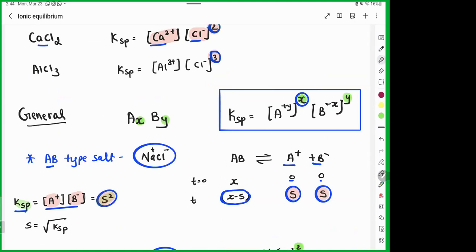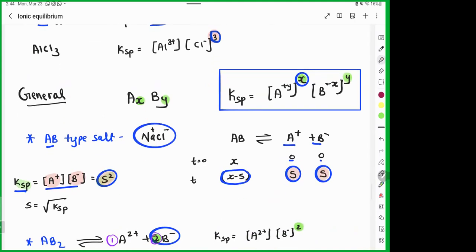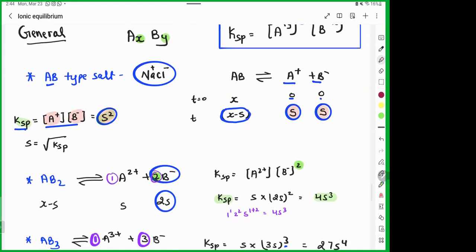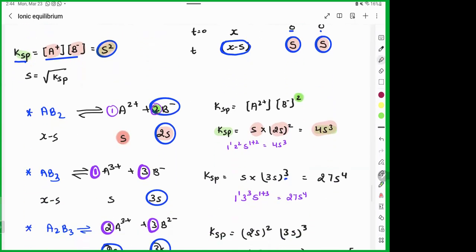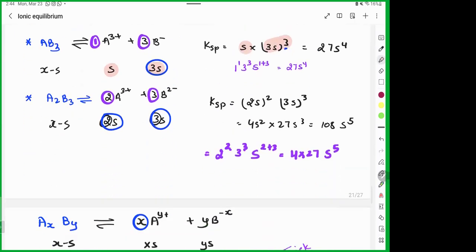A is equal to S, B is equal to S, so A into B will be S squared. AB2: this is S, this is 2S. Correct? If you multiply them, same thing. Here AB3: 3S and 1S. You can calculate this. Correct?